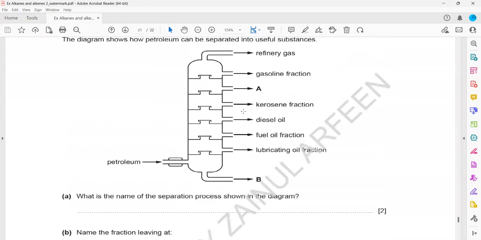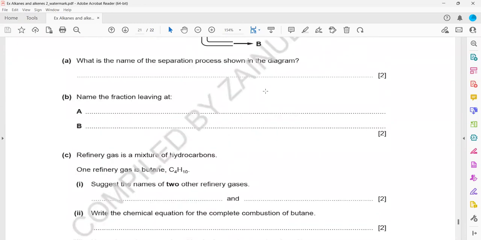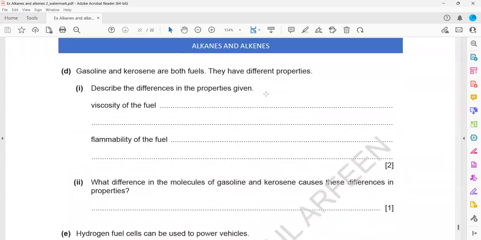The one having a low carbon number can burn easily. So gasoline can burn easily as compared to kerosene. So viscosity, kerosene is more. But flammability, gasoline or petrol is more.